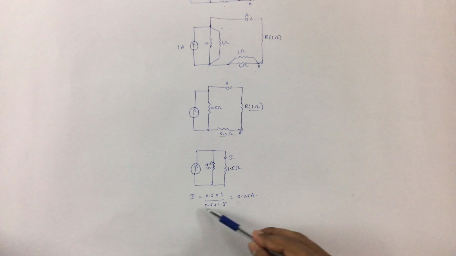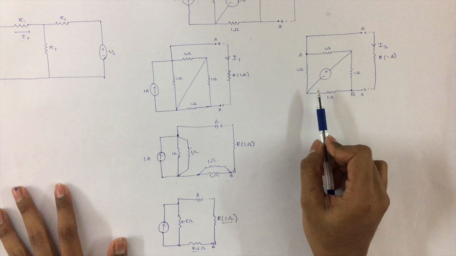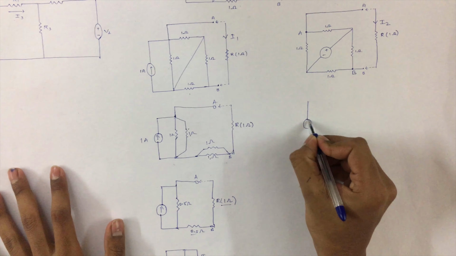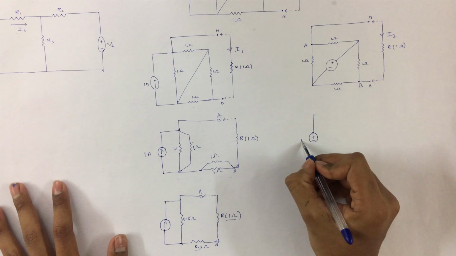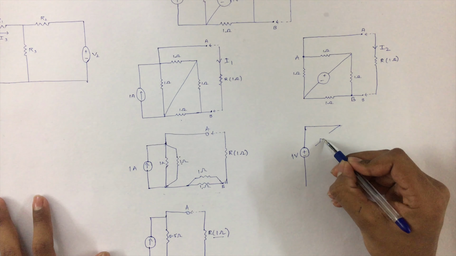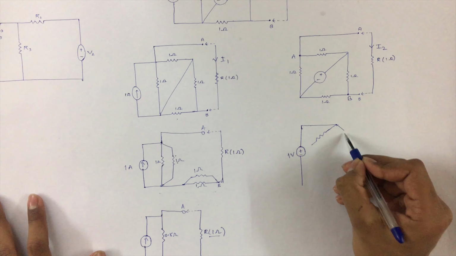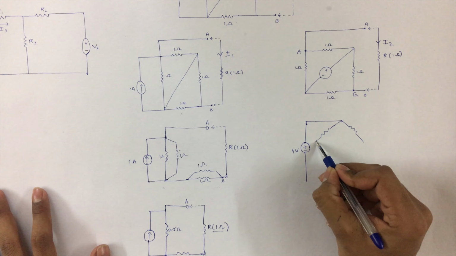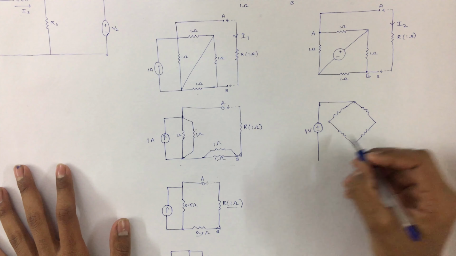As we can see in the figure, these two points can be considered terminal A and these two points can be considered terminal B because they are at the same voltage. Now, this circuit can be redrawn as this. This is the 1 volt voltage source in between, and these are the two resistors connected to the positive terminal of the voltage source, whereas these two at the bottom are the resistors which are connected to the negative terminal.